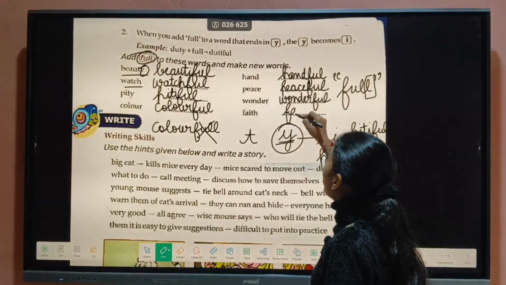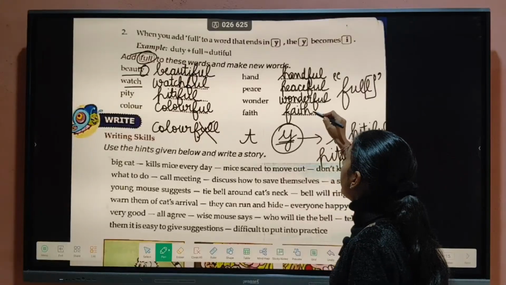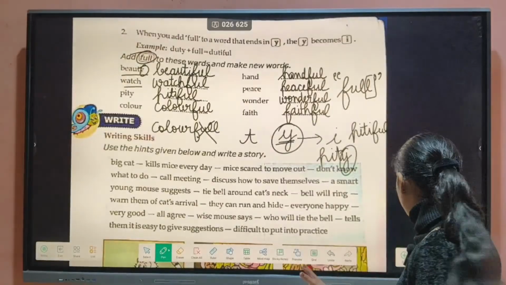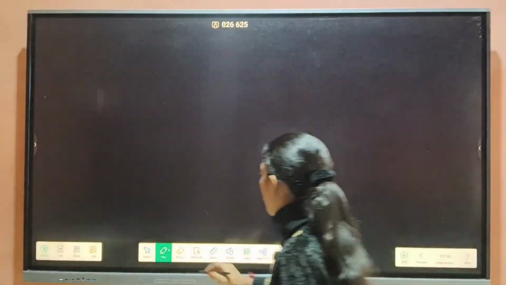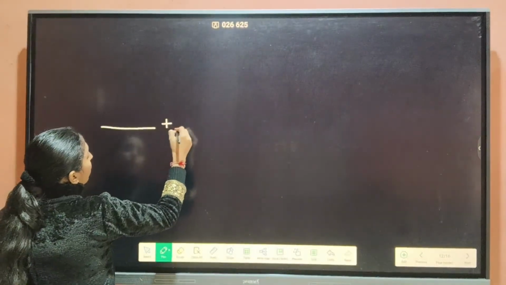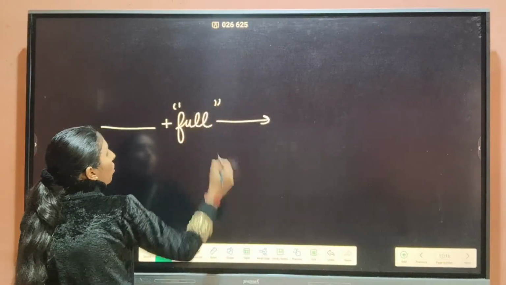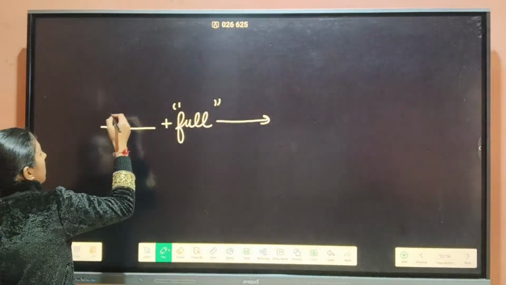Okay, faithful, F-A-I-T-H, F-U-L. Okay, what were there? There were two rules. If we are adding full to any word, then beta only a single L we will write.